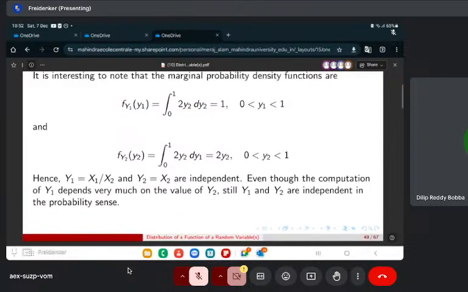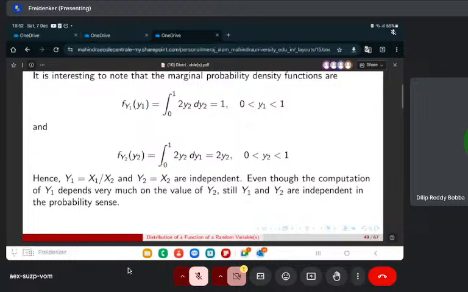It means here y1 and y2 are independent. In the probability sense at least. So you may ask, how can you say y1 and y2 are independent? Because I can say that y1 is equal to x1 by y2. It's still dependent. How is it independent?